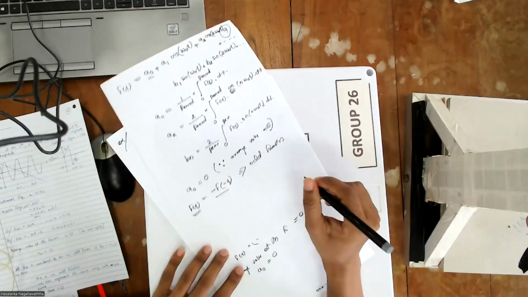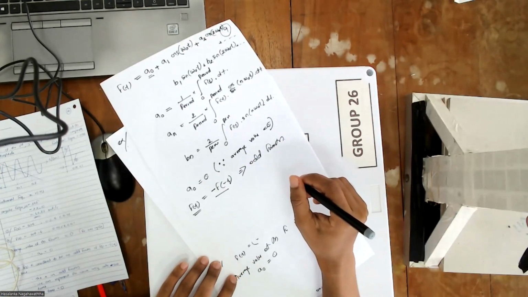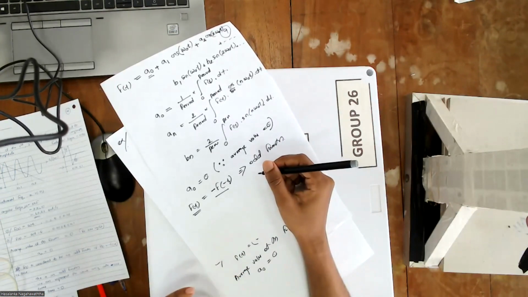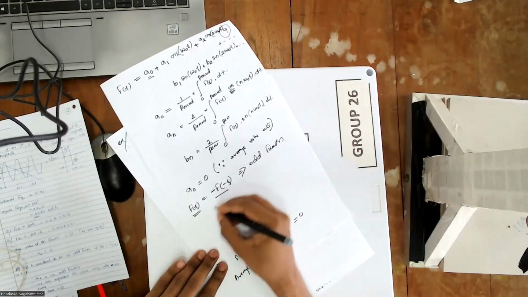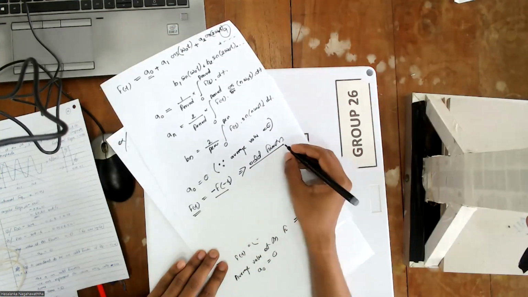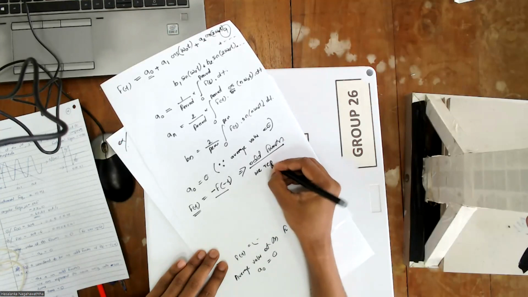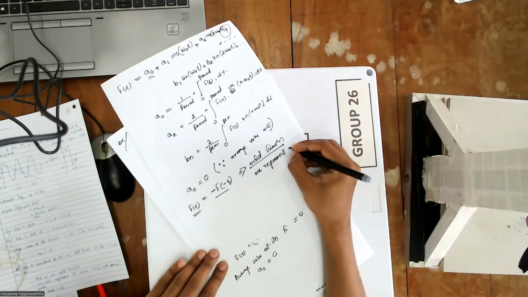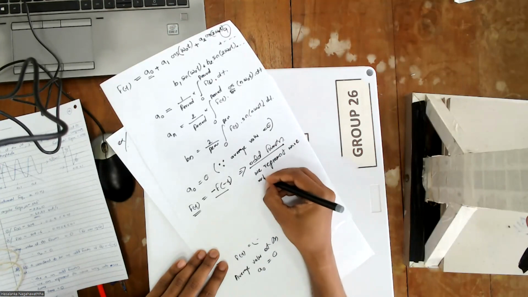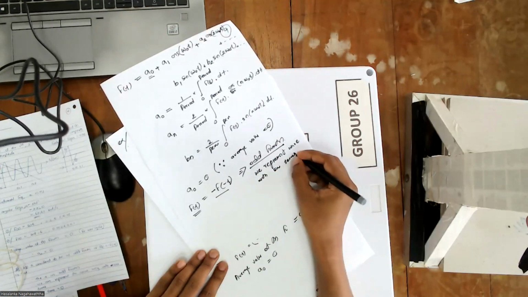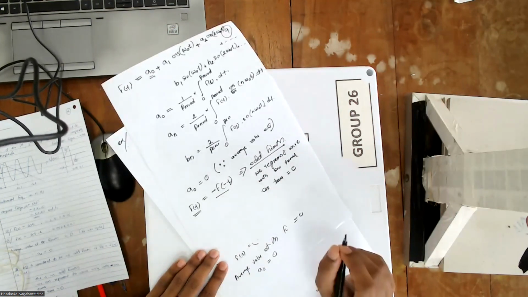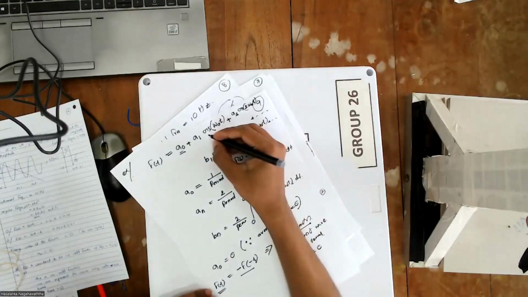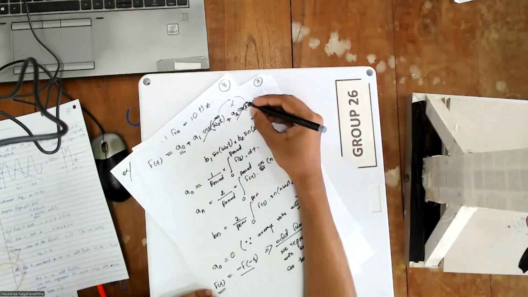Odd signals, even signals, I think you can remember from signals and systems. Therefore, since this is an odd function, we can represent the wave only with sine terms, and cos terms will be 0. These terms will become 0.